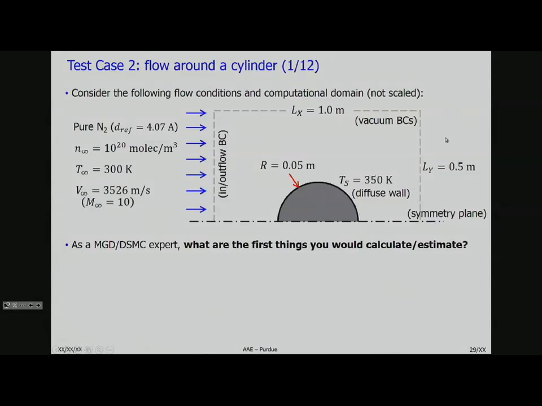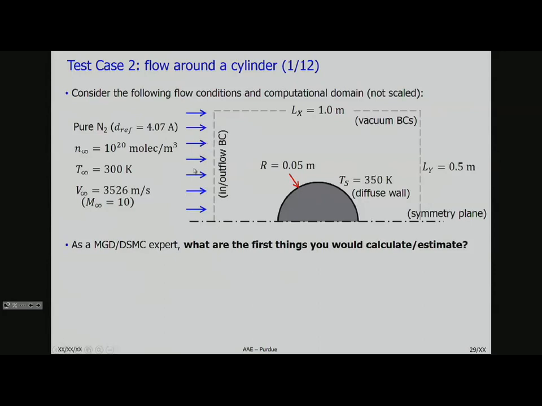Next, I won't have time to go through this, but this is flow around a cylinder. I'll just go over this slide here. I have my geometry specified. This is a symmetry plane, so this is a 2D case. If I want a 3D case, the simplest would be to make this an axisymmetric plane, so it's flow over a sphere.